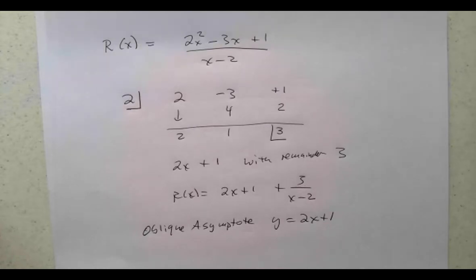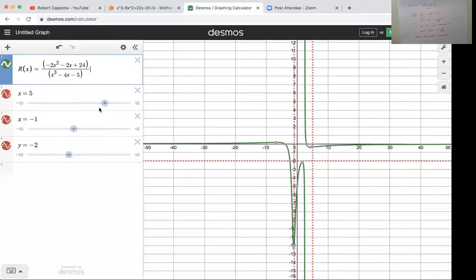So let's take a look at that. We'll go to Desmos. We'll see it and try to identify the slant asymptote. So let's take a look at that. Here we go.